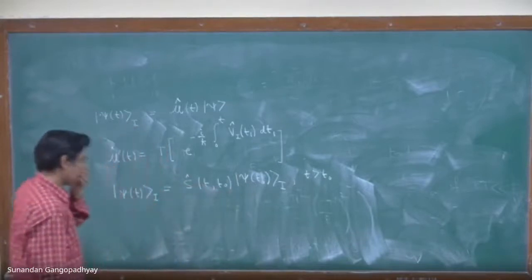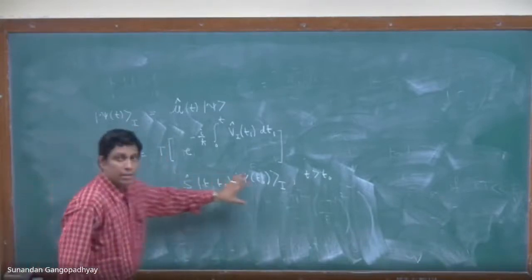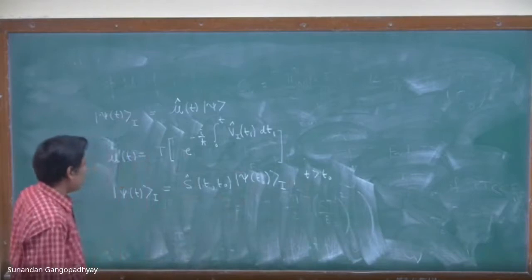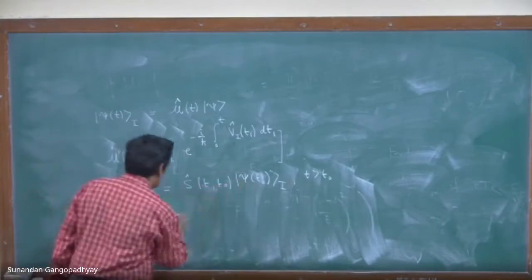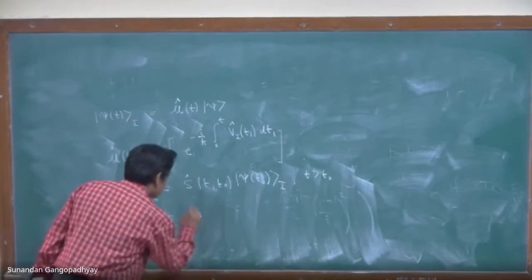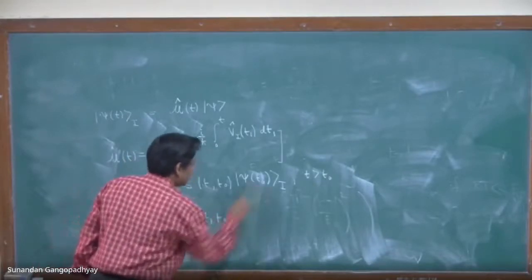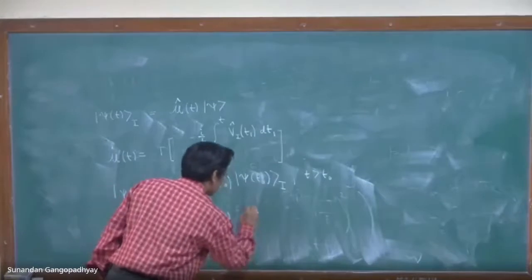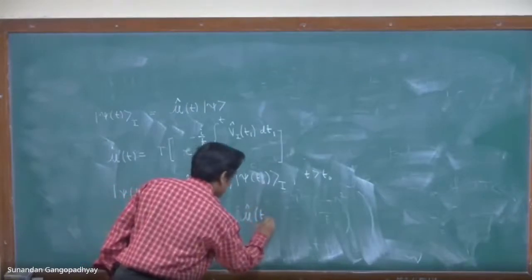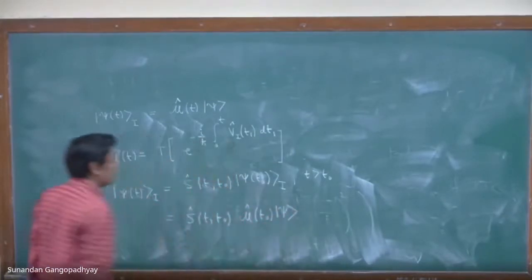So this is how this operator is defined. And psi t naught in the interaction picture, we can write it down as S hat t comma t naught psi t naught, and this we can write it down as U hat t naught psi, right? Because of this.